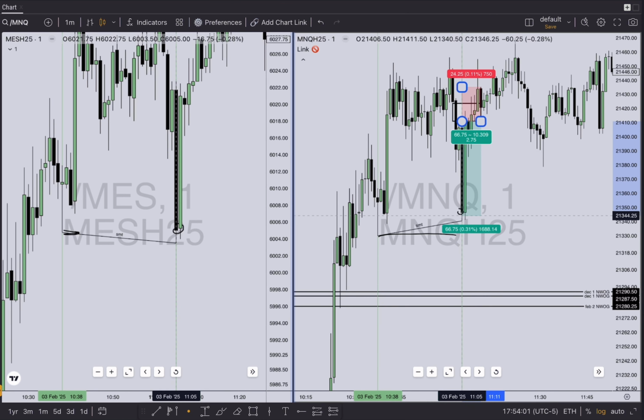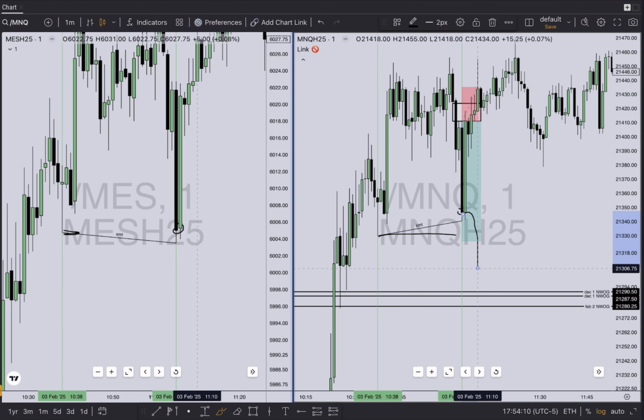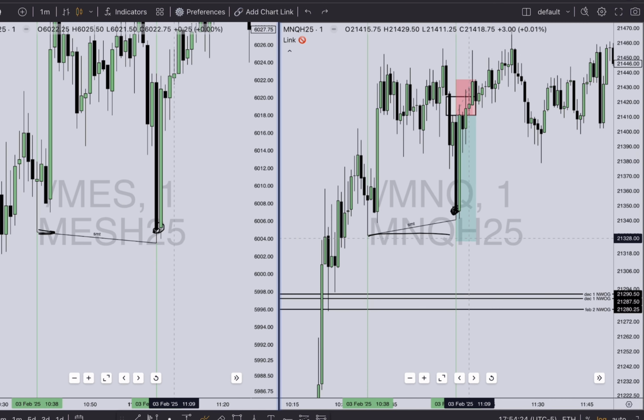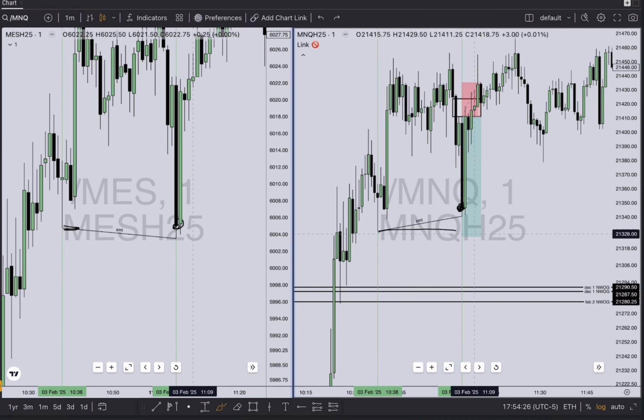Even if this SMT ends up not being true, like at the moment it was maybe showing me that it's an SMT, but then it later breaks, no problem. But in the moment, which ended up being true, it was looking like an SMT. NQ closed here while ES closed here. See, it swept here, it wasn't swept. SMTs not only help you enter trades, but they help you exit trades, right?